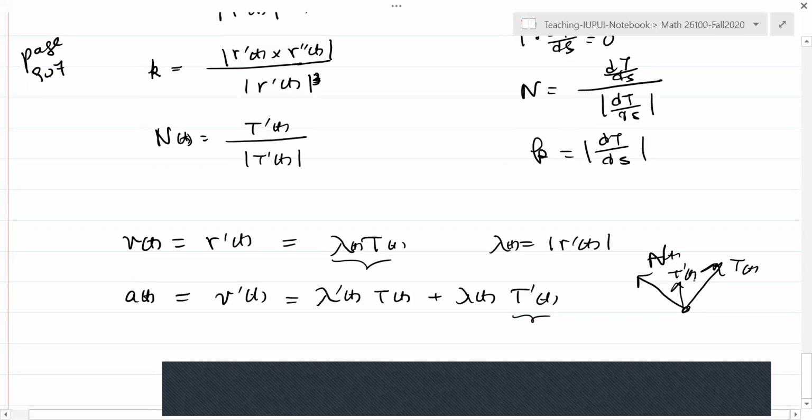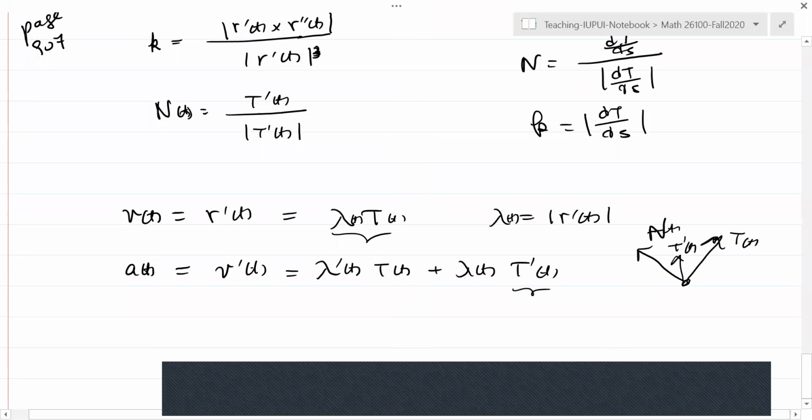So I can explain this a little bit later. But then, if you want to use another notation, that's called a capital T plus a nt.